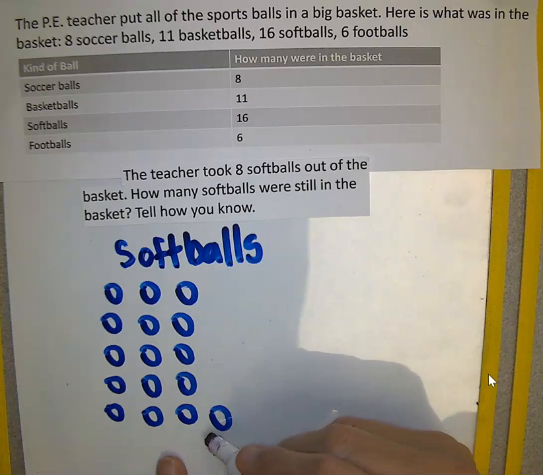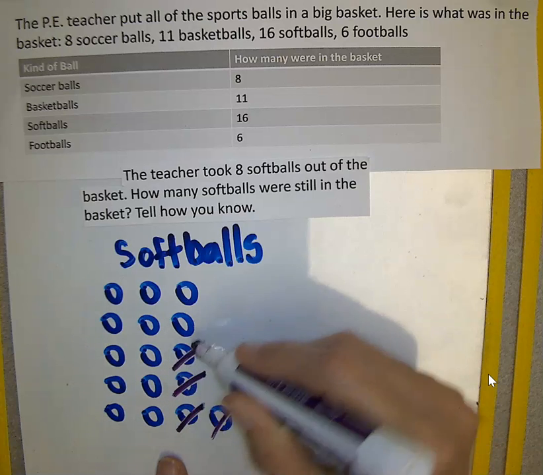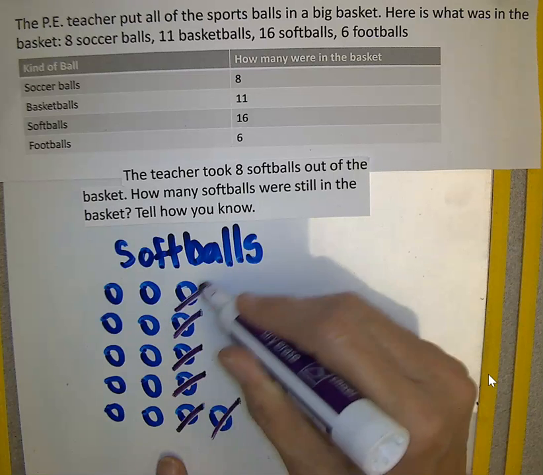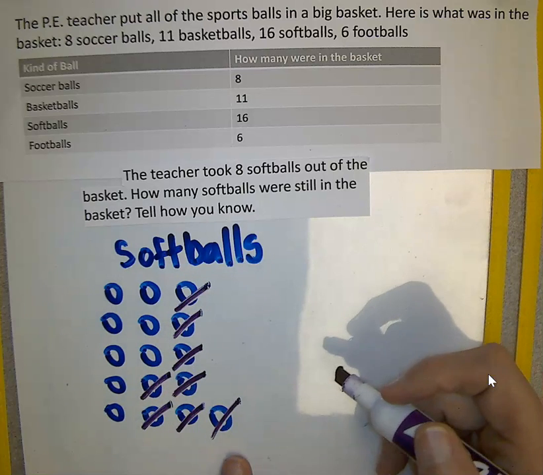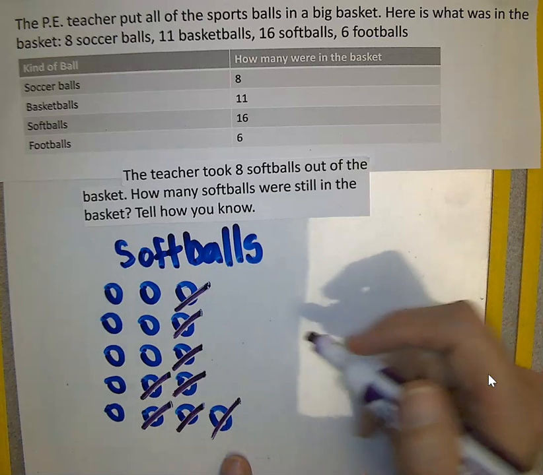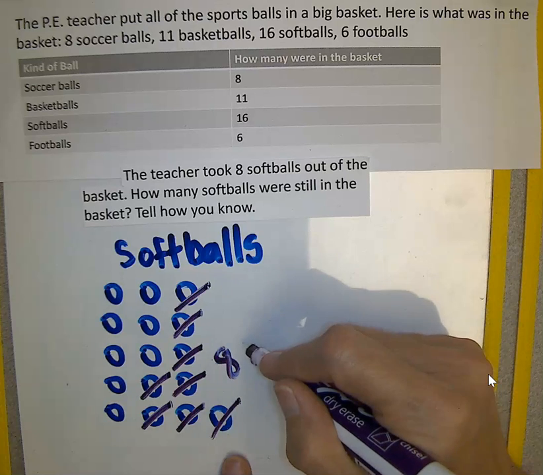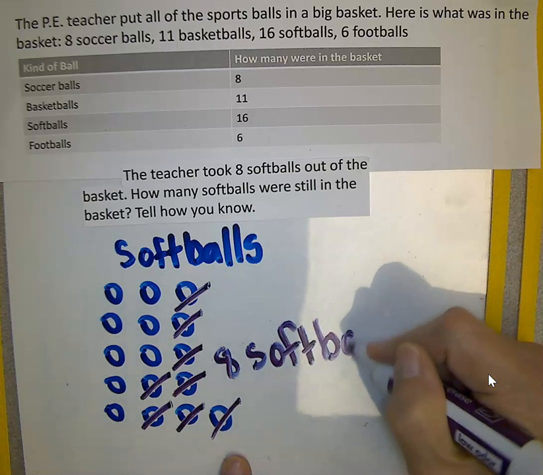Let's count. 1, 2, 3, 4, 5, 6, 7, 8. The teacher took 8 softballs out.